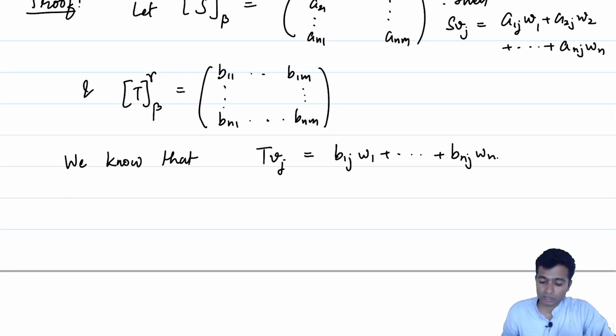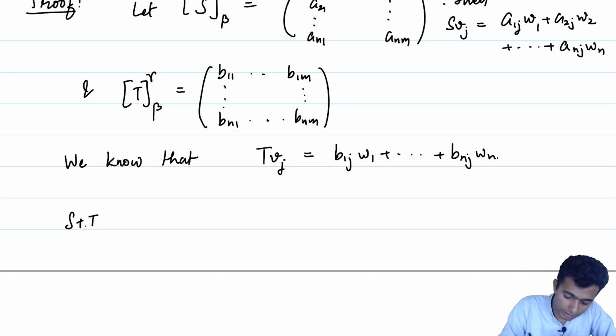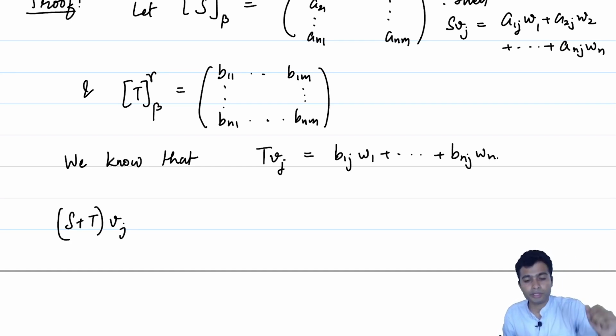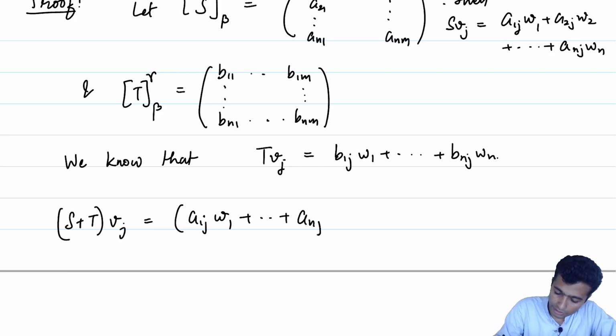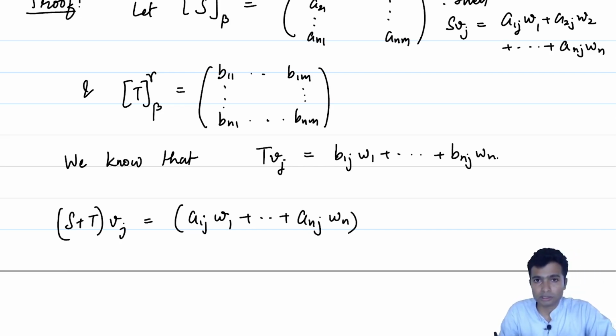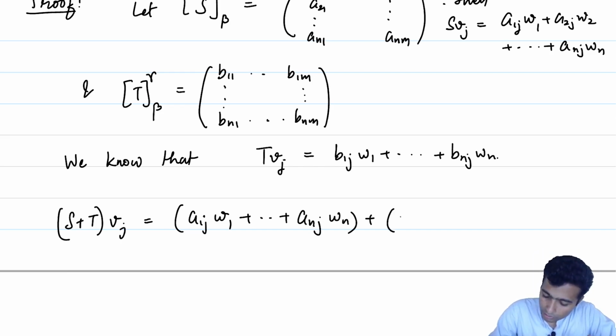Now let's look at what is (S plus T)(Vj). By very definition, it's going to be S(Vj) plus T(Vj), which is going to be A1j W1 plus up to ANj Wn plus T(Vj). What is T(Vj)?